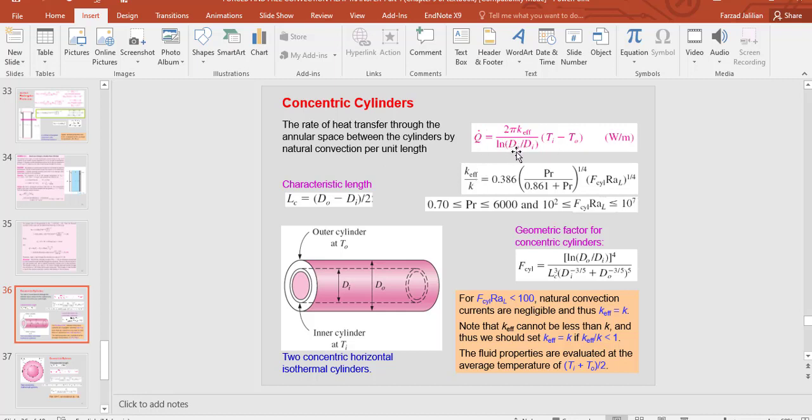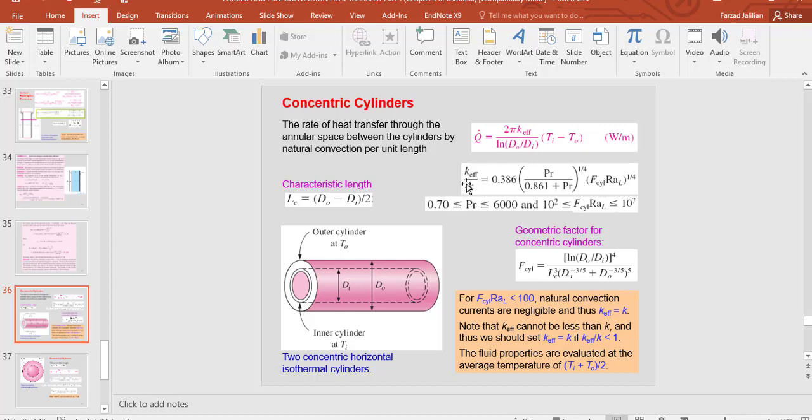As you can see here, D_O and D_I are the diameters of the outer and inner cylinders, and these two are the temperatures of those two cylinders. And 2 pi k effective for this object can be defined by this equation.